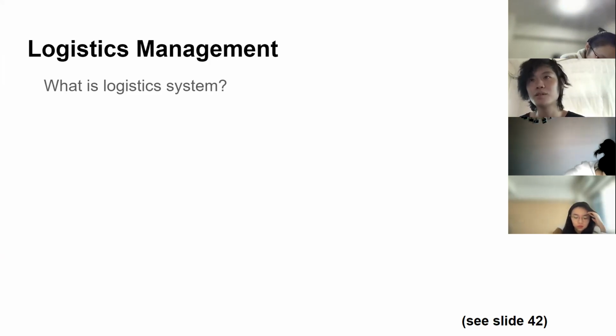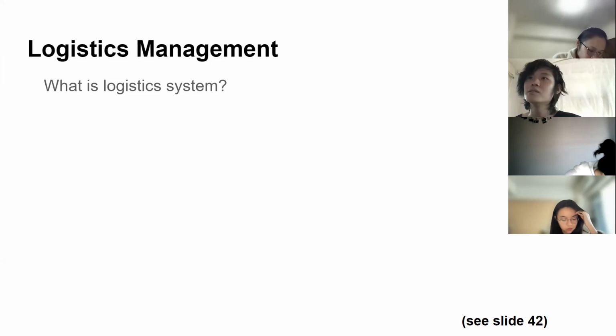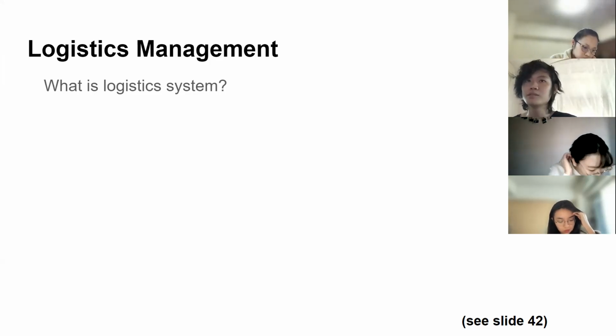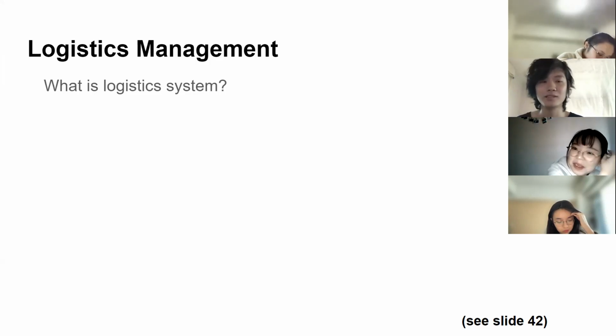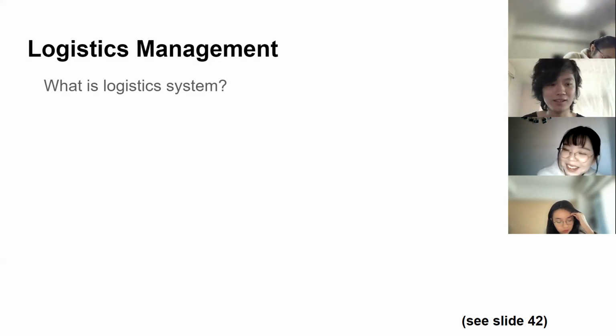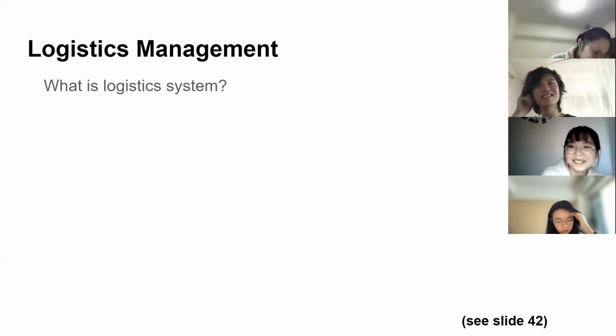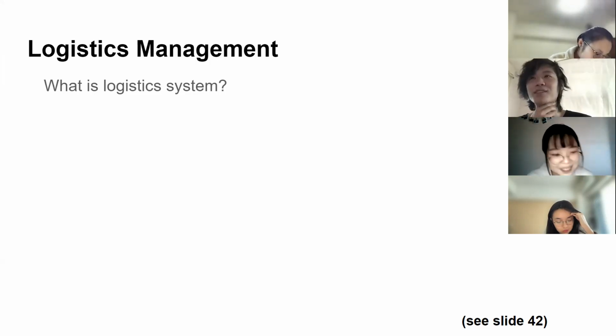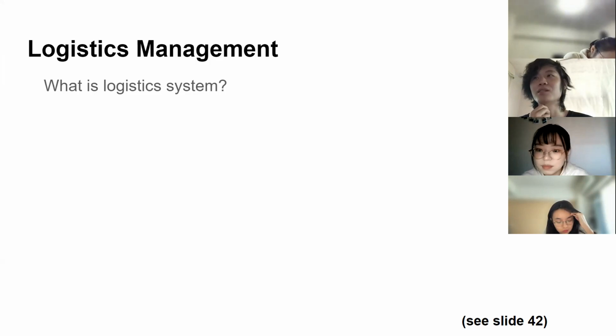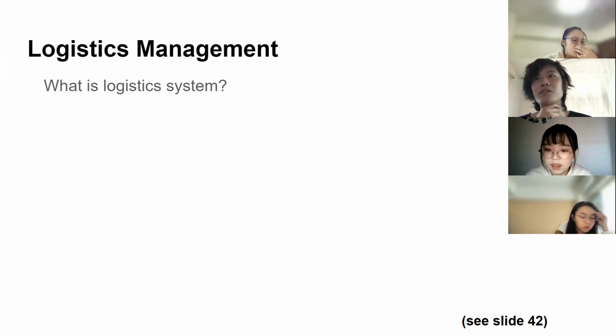If you can read the first sentence, that is the answer actually. What is a logistics system? It is a combination of what you say just now. Like shipping, and then warehousing activities.